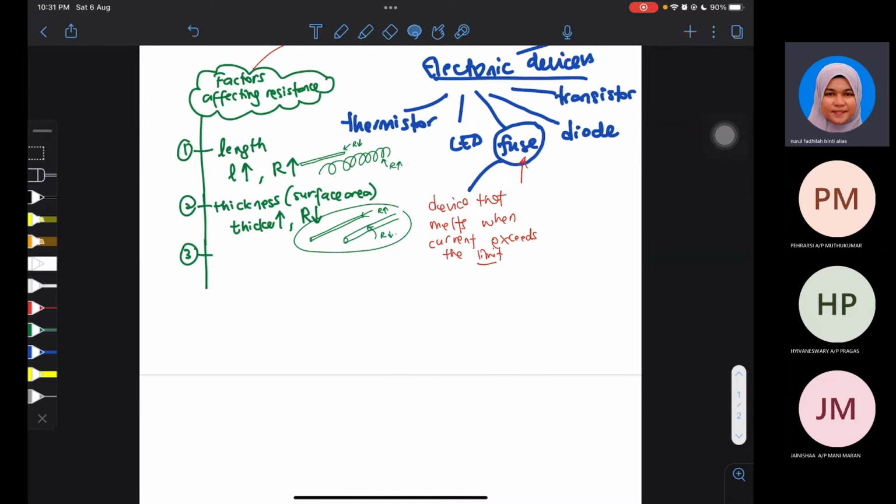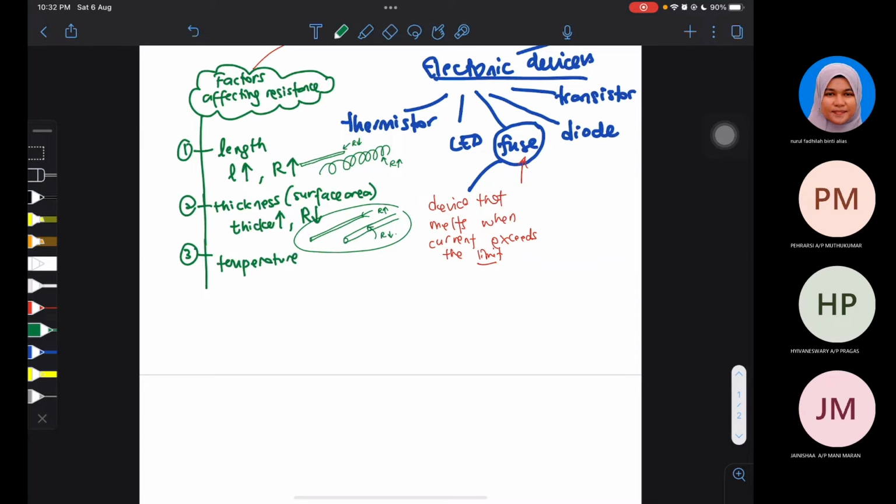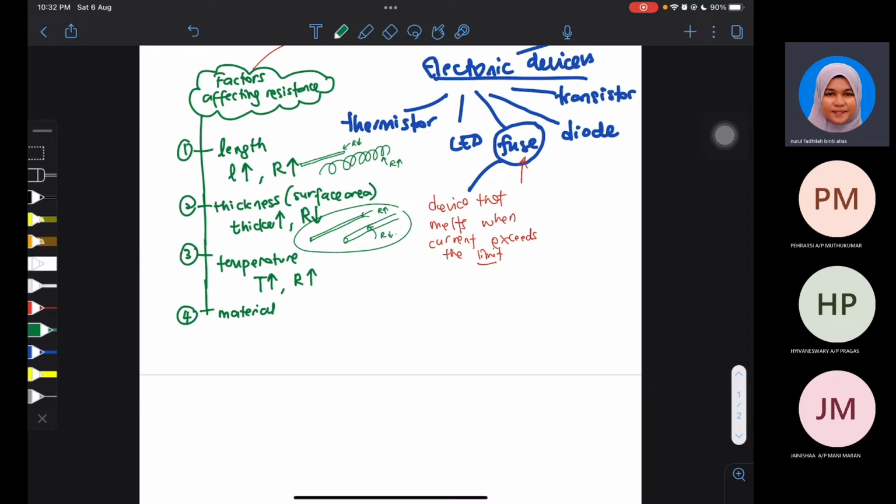Lagi ada tak factors lain? Temperature. The higher the temperature, the higher the resistance. And finally, the type of material. So ini you kena tahu tentang factors.